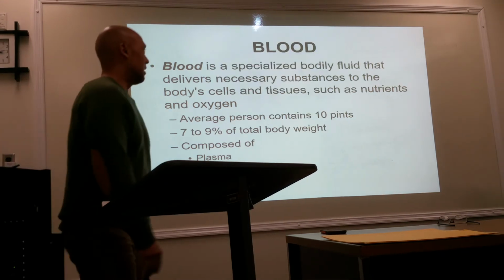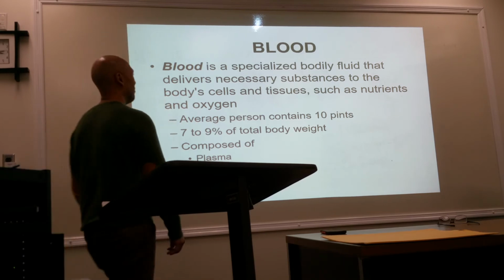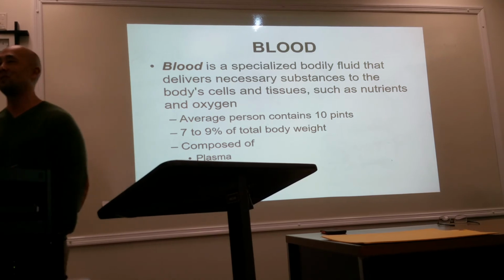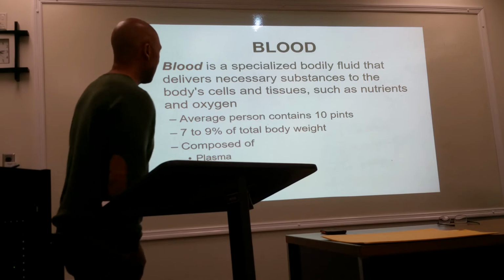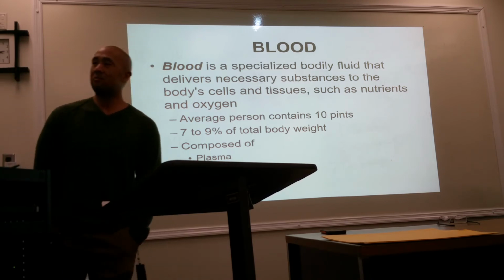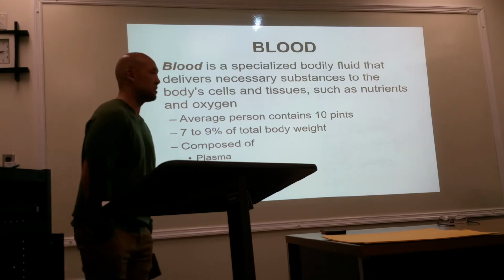Okay. Blood. Blood is a specialized bodily fluid that delivers necessary substances to the body cells and tissues, such as nutrients and oxygen. The average person contains 10 pints, 7 to 9% of the total body weight, and is composed of plasma and blood cells.